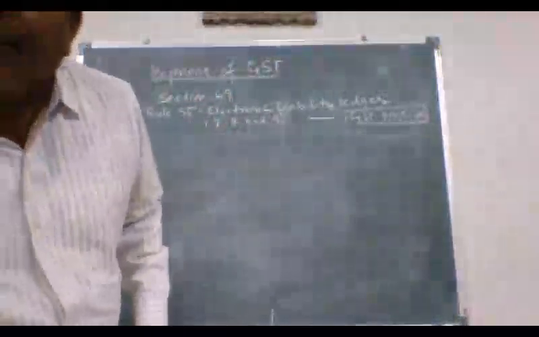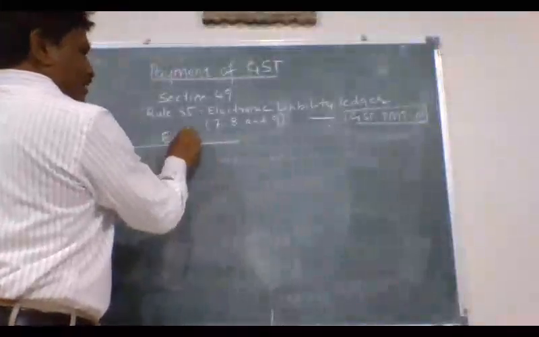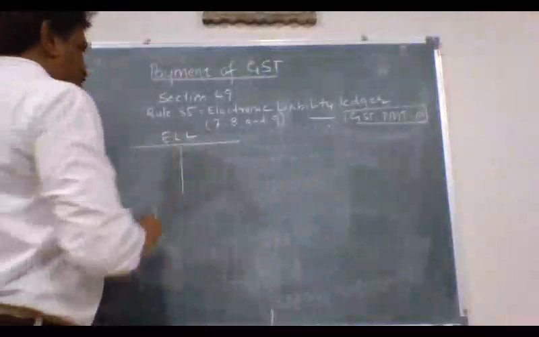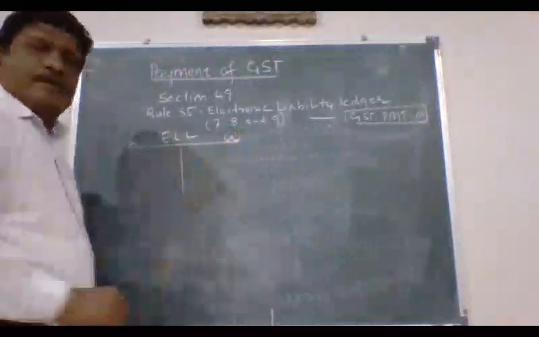In the electronic liability ledger, since it is a ledger, there is debit and credit.